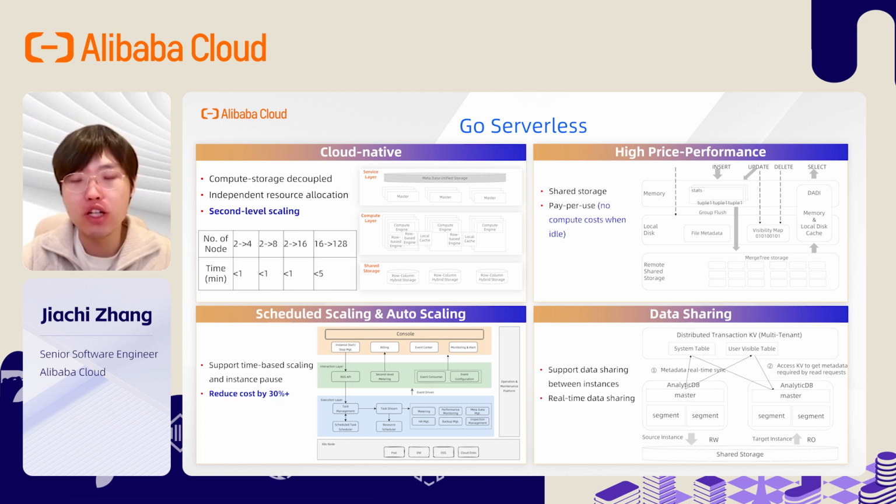With a shared storage and a pay-per-use model, you only pay for the compute when it's active, leading to substantial cost reductions. The third advantage is the scheduled scaling and auto-scaling. We are now supporting time-based scaling and instance pausing. The last advantage is the data sharing. We are now enabling real-time data sharing between different AnalyticDB Postgres instances.